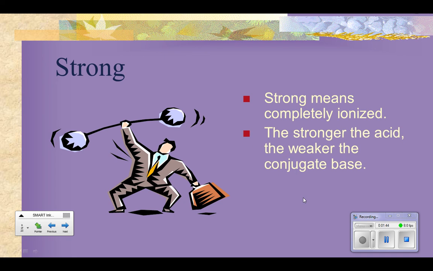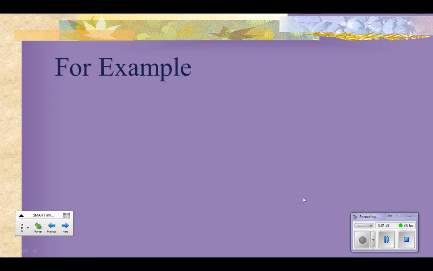Now, to connect this to the Bronsted-Lowry model, if we have a really strong acid, the one that completely comes apart, then the conjugate base, the particle that's left when the hydrogen comes out, is very weak. Now we haven't defined weak, but we can imagine that weak means not completely ionized or not ionized much at all.